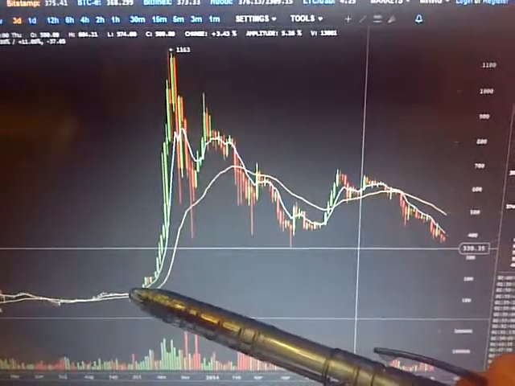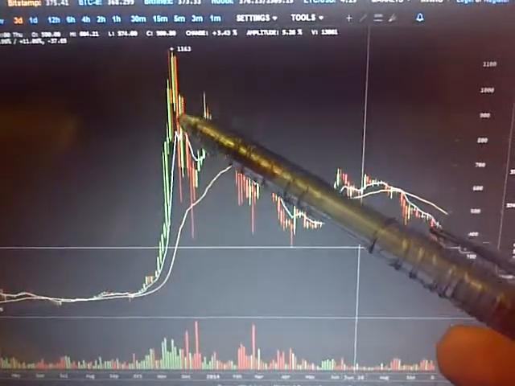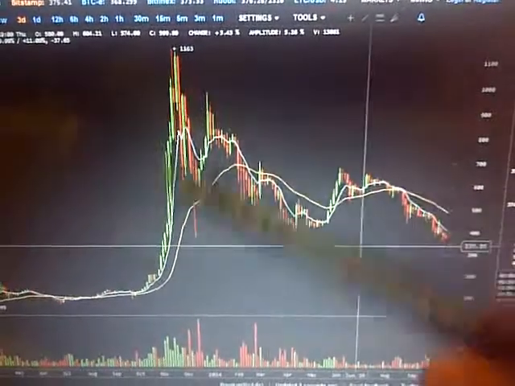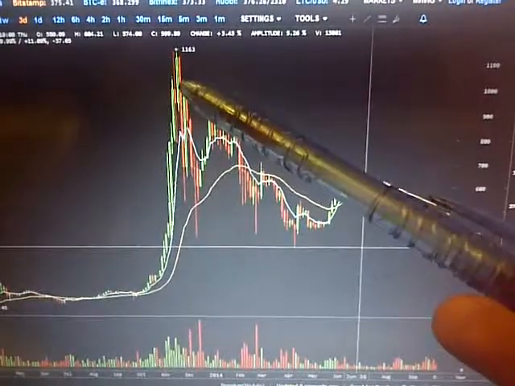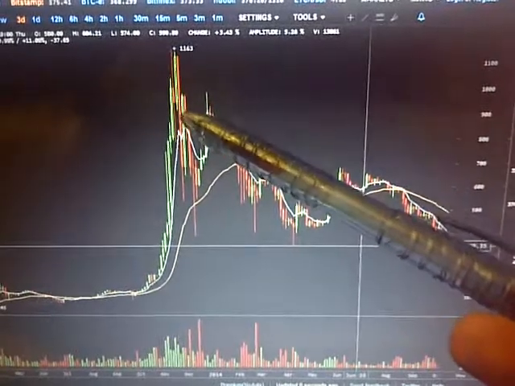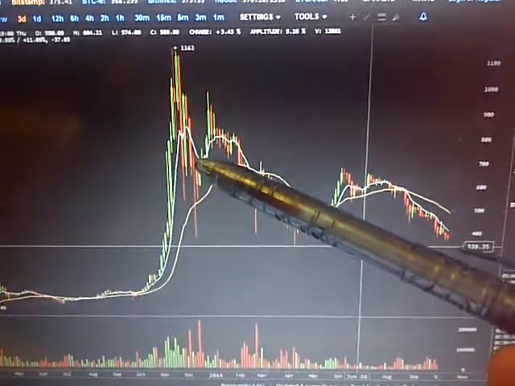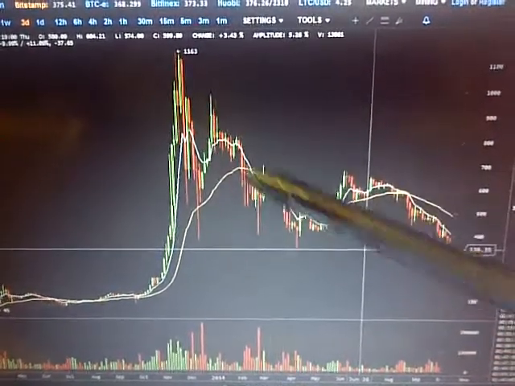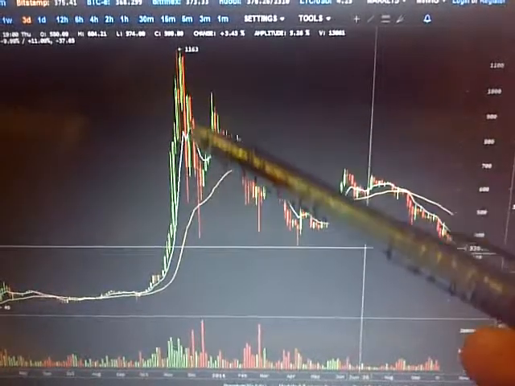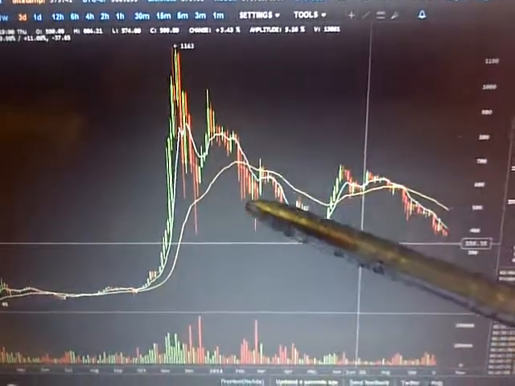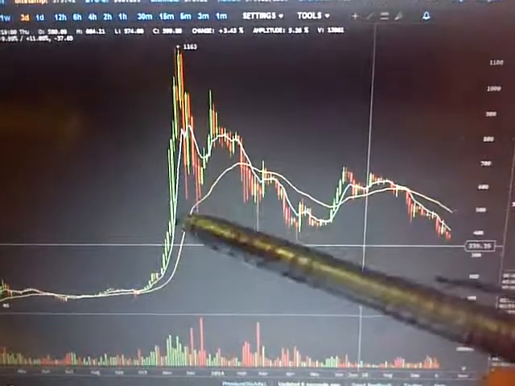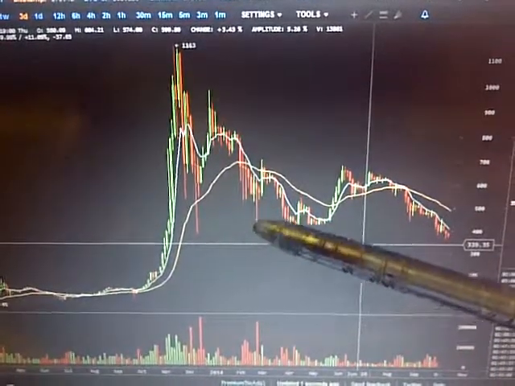And for me, when I look at it, I see the potential, and then I guess the downfall, because all this started happening after Mt. Gox and all these other things which drove the market up and down like crazy.